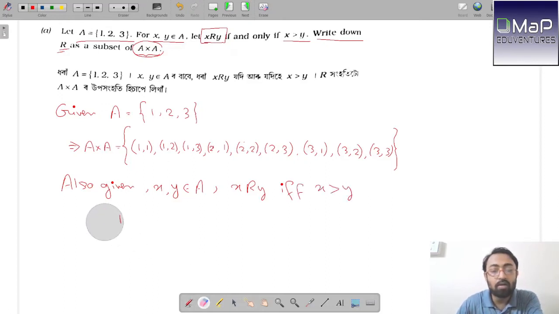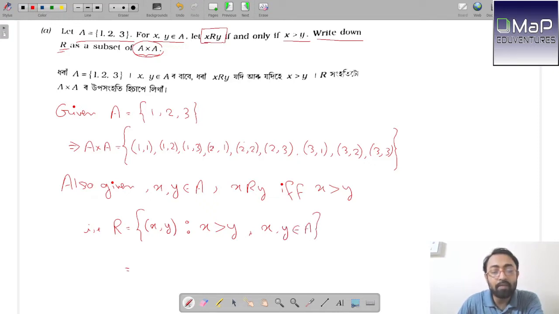This is the definition given in our question paper. That means if we write it in set builder form, we will write ordered pair x, y such that x is greater than y, where x and y belong to set A.